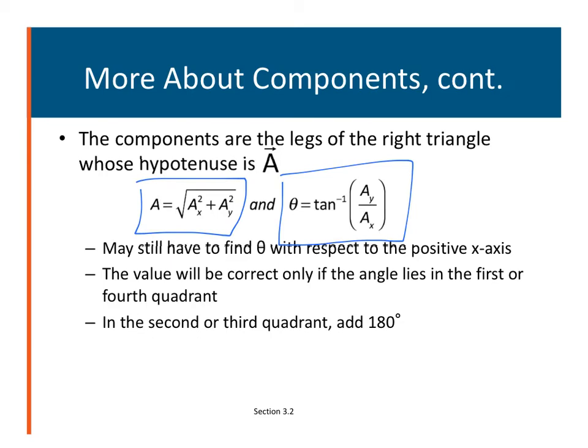This is where trig comes in handy. When finding the angle, you may still have to find theta with respect to the positive x-axis. The value will only be correct if the angle lies in the first or fourth quadrant, and if it's in the second or third, we'll have to add 180. We'll see some examples where this comes into play later.